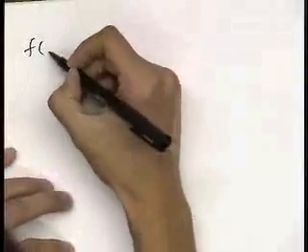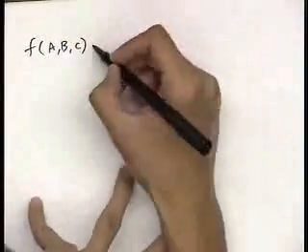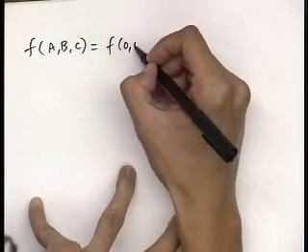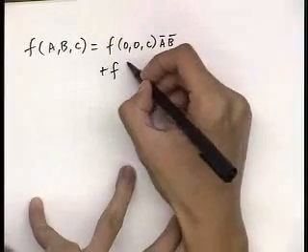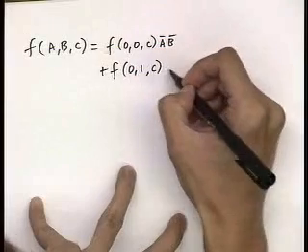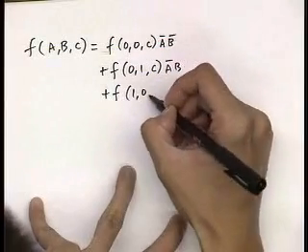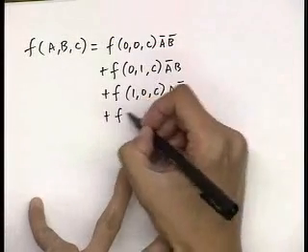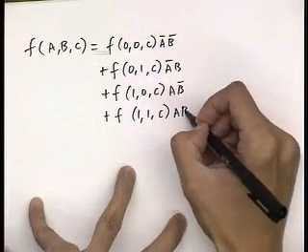If I have a function f of a, b, c, I can always expand this as f of 0, 0, c times a bar, b bar, plus f of 0, 1, c times a bar, b, plus f of 1, 0, c times a, b bar, plus f of 1, 1, c times a, b.